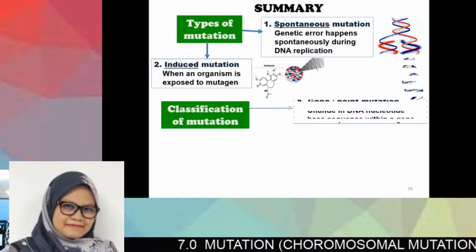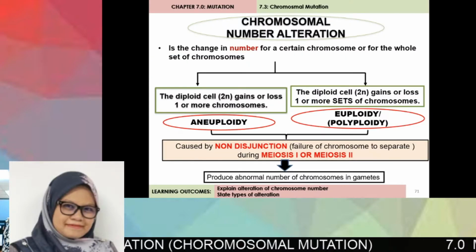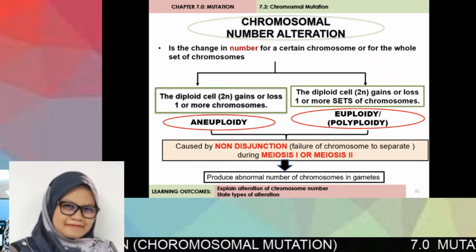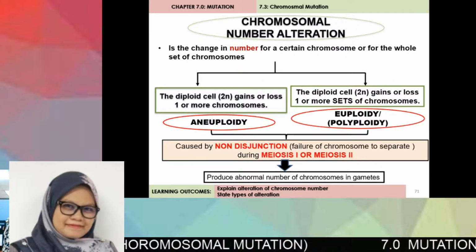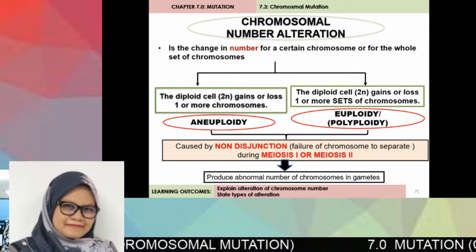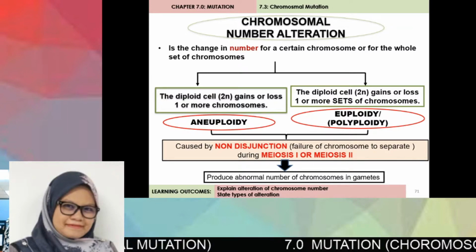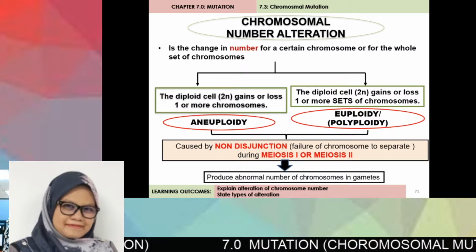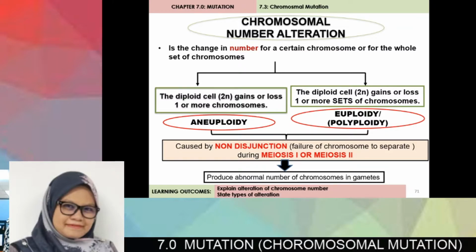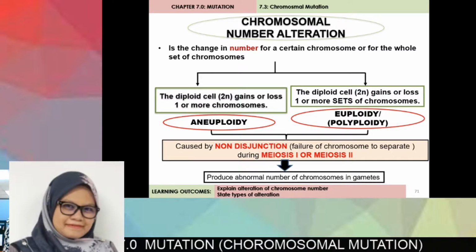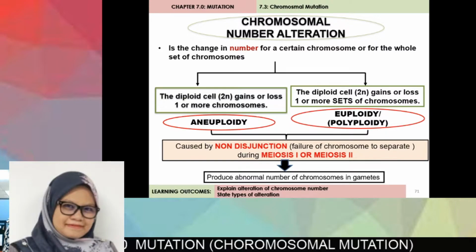Alright, for chromosomal aberration, the change in structure, the disease that you must remember is Cri-du-chat syndrome. And then you need to identify its karyotype. So at chromosome number 5, one of the chromosomes lost its segment on the short arm.